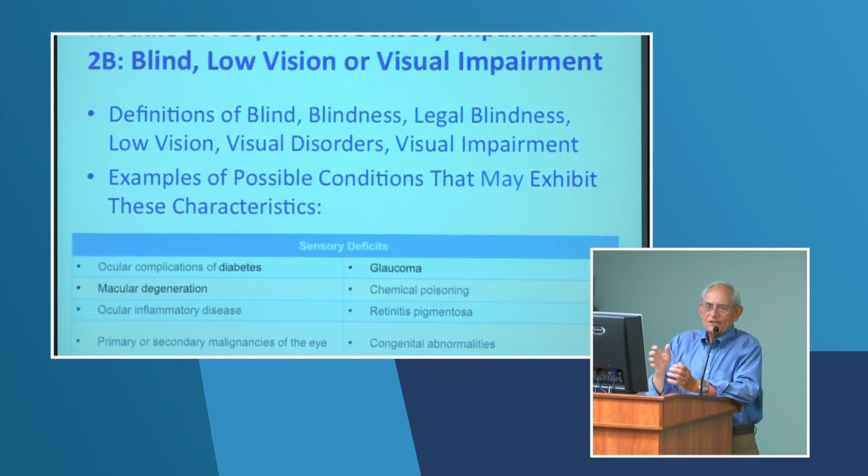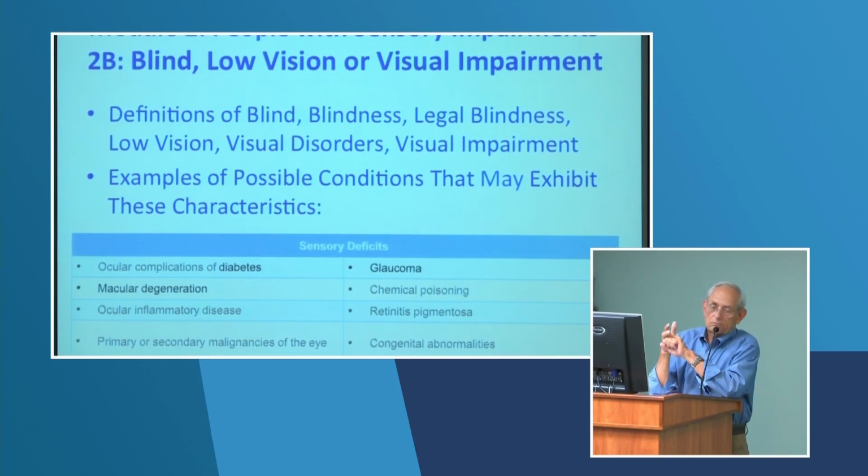Legal blindness is not a medical term, but what it means legally is that essentially the person's best eye, with maximum ophthalmologic or optometric correction, is still 20/200, or has a best visual field of less than 20 degrees, which means you're pretty well narrowed to a tiny thing.